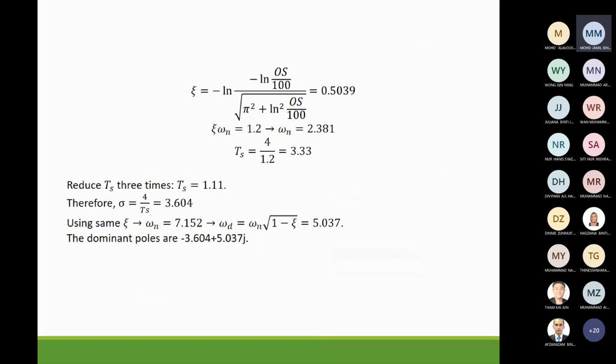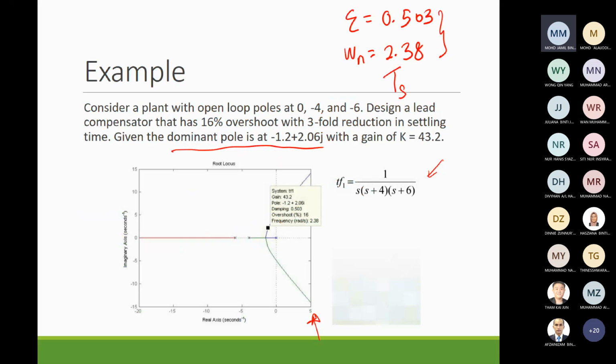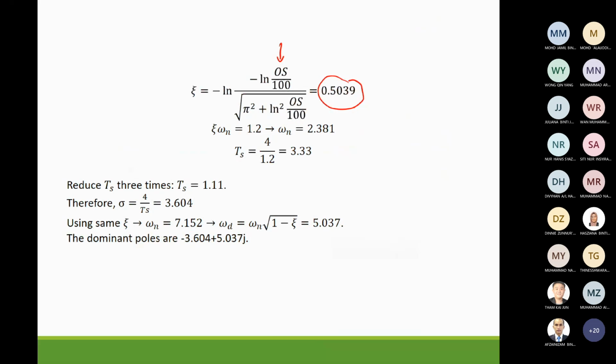Okay, so this is the calculation to determine damping ratio from percent overshoot. The percent overshoot given to you is 16%. So the damping ratio is 0.5039.